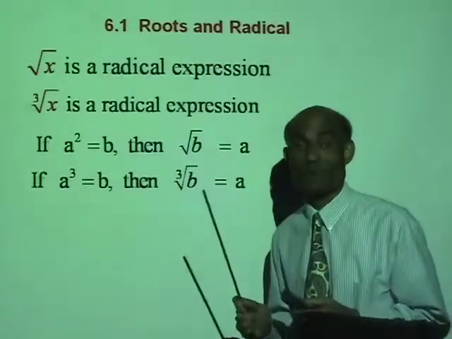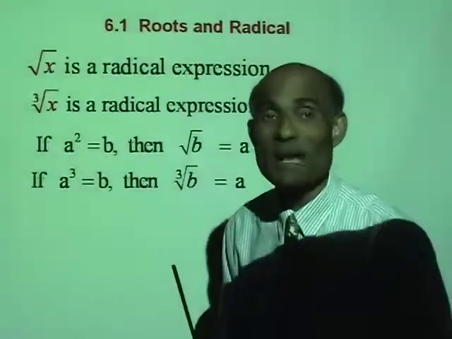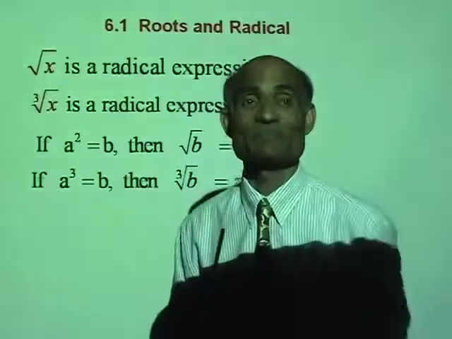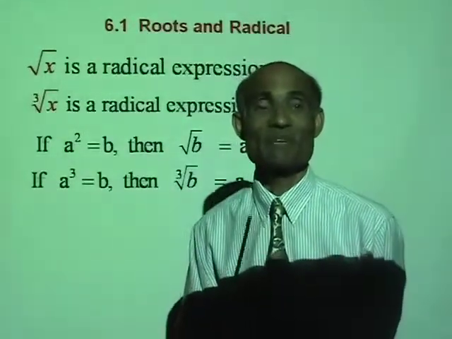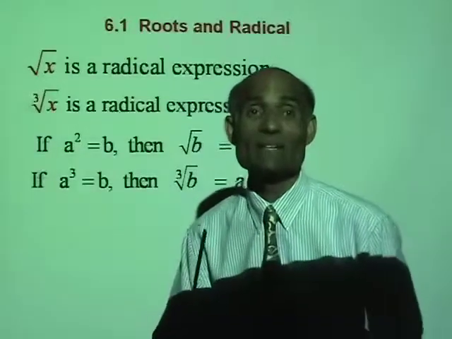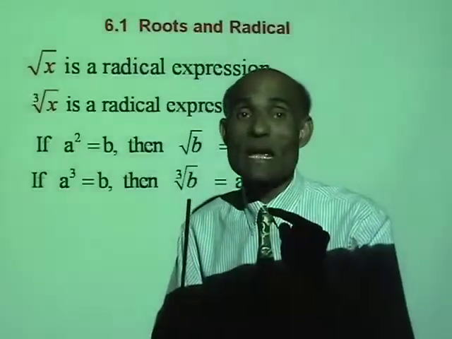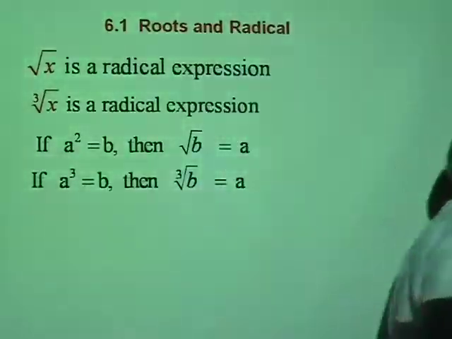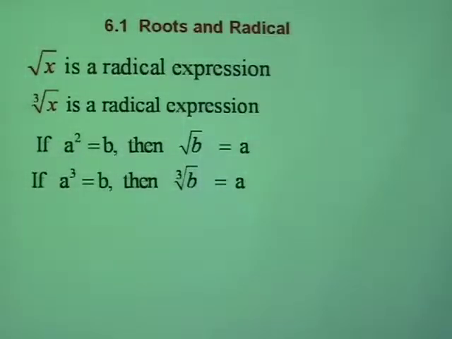If a cube equal to b, then cube root of b equal to a. Right? Okay, in that case, can you tell me what is the cube root of 8? 8 can be obtained by raising 2 to the power of 3. So watch this. We have 2 to the power of 3 equal to 8.